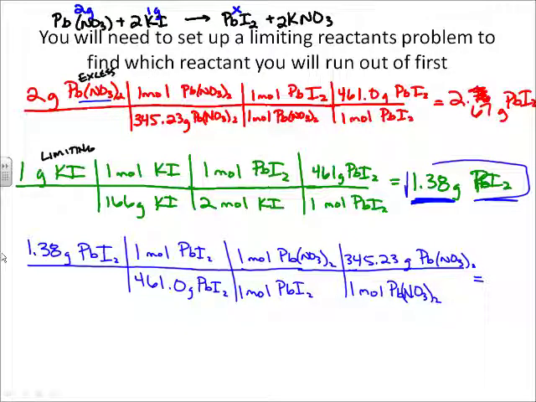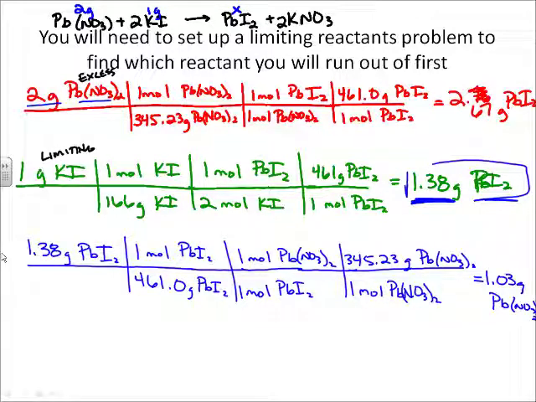And it turns out we used up 1.03 grams of the lead-2 nitrate. So what does that mean? Well, we started off with 2 grams of the lead-2 nitrate. We used up 1.03 grams of it.